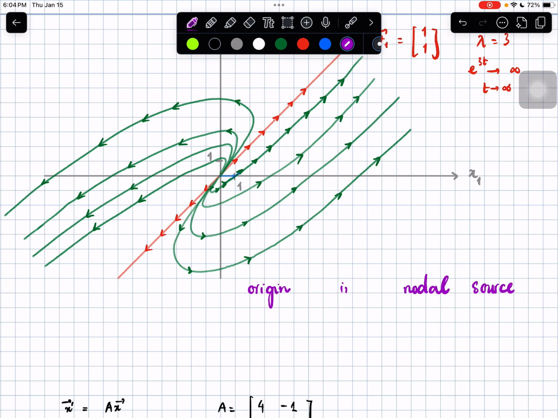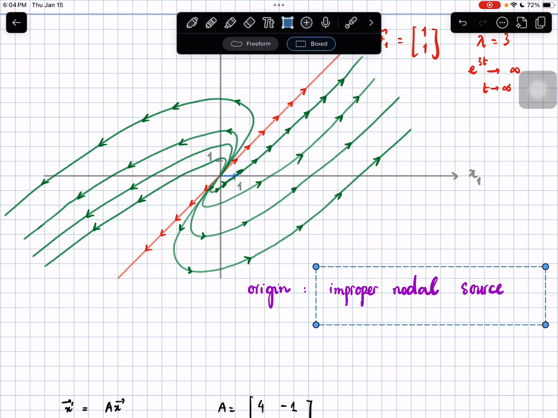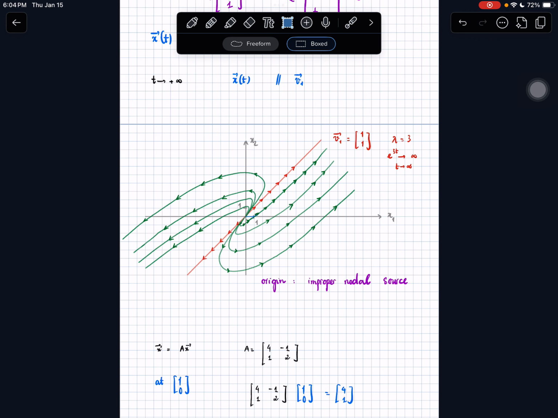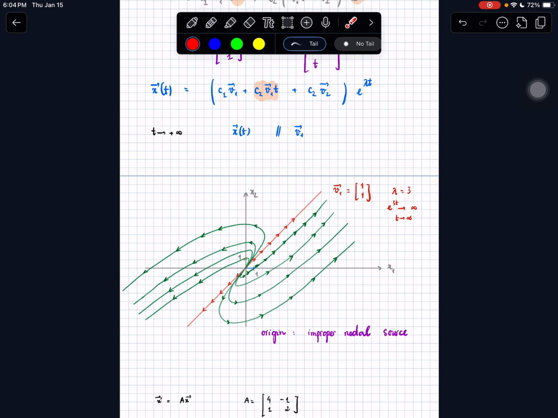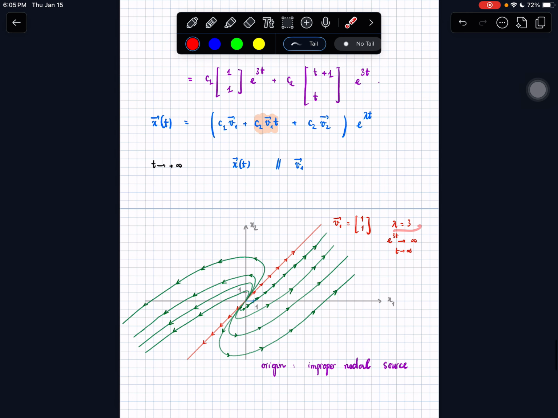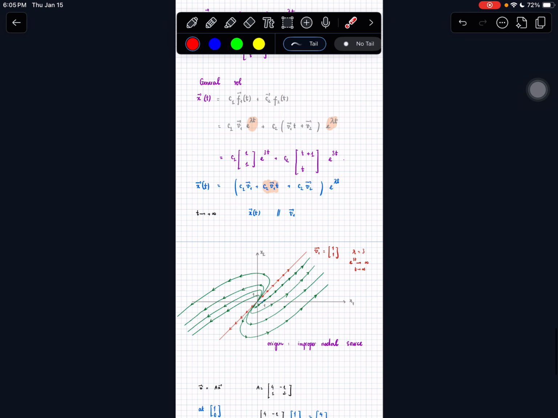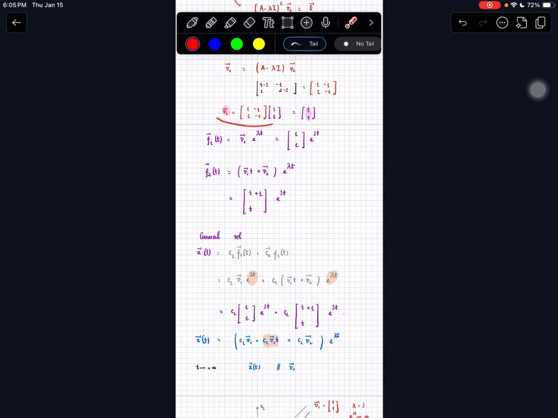Improper nodal source. So this is the picture we would expect when we have the case of repeated eigenvalues, defective eigenvalues. So we miss one eigenvector. So we need to find the generalized eigenvectors here.